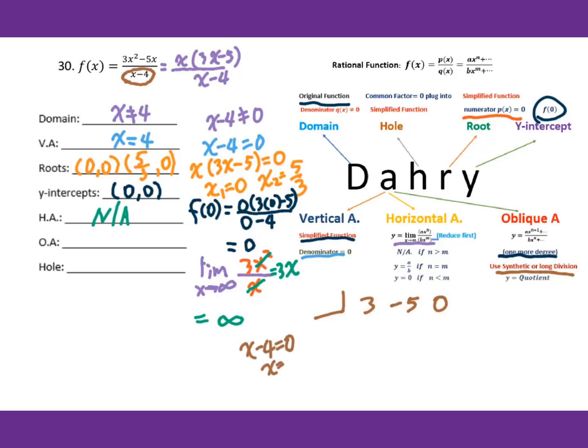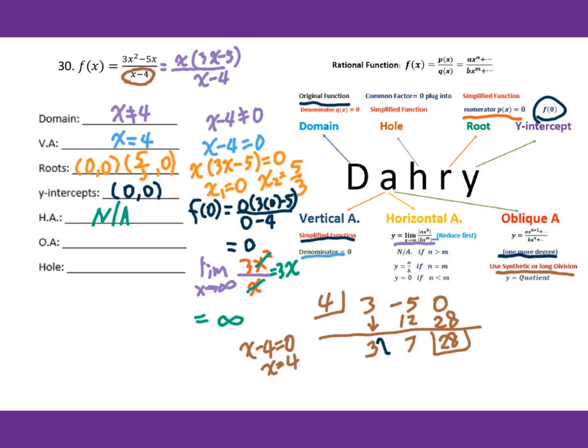Root in the corner. Therefore, I got 4 here. 3, 12. You will get 7. 28. This will be the remainder.